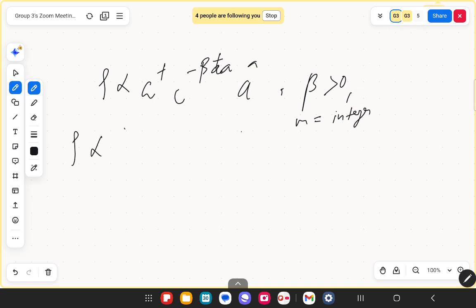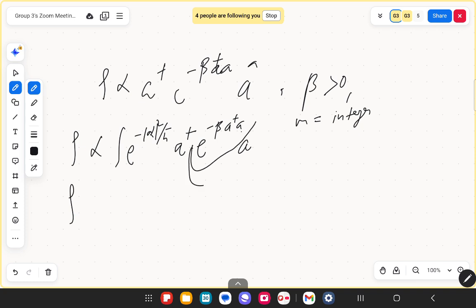So this will become ρ proportional to the integral of e^(-|α|²/n̄) a†^m e^(-β a†a) a^m. Since we are writing this for thermal states, we'll write this instead.